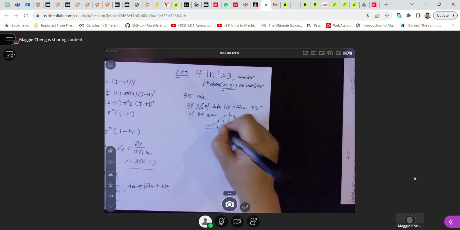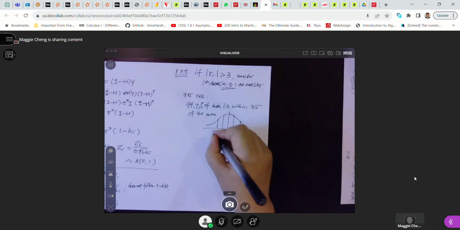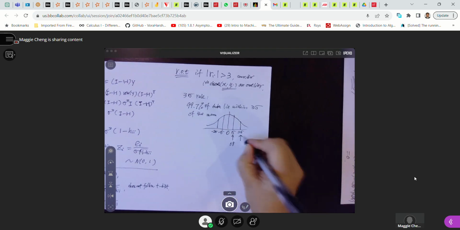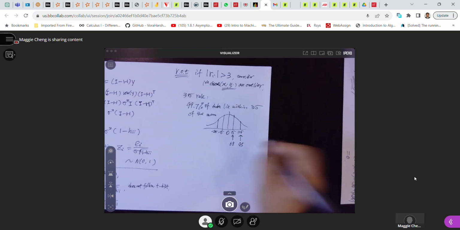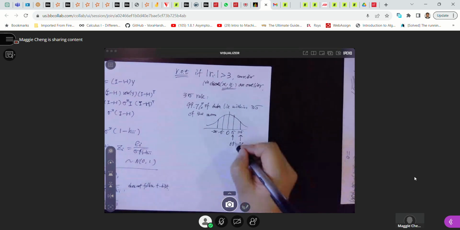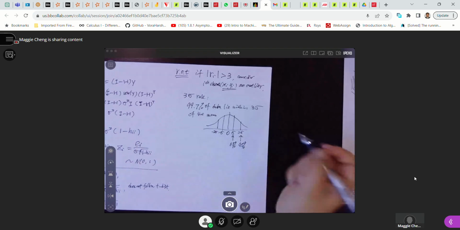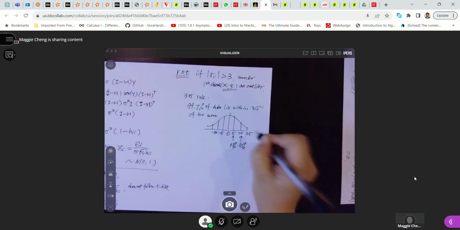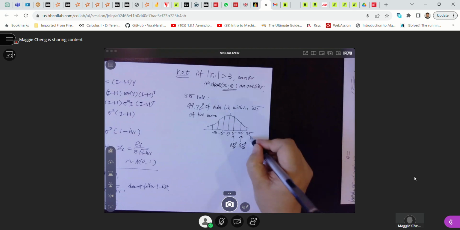And if you look at the 2 sigma range, this is negative 2 sigma, 2 sigma. What's the percentage of data that lies within the 2 sigma range? That's about 95 percent. If you look at the 3 sigma, the percentage of data within 3 sigma is about 99.7%.